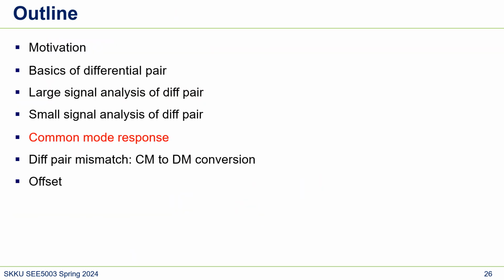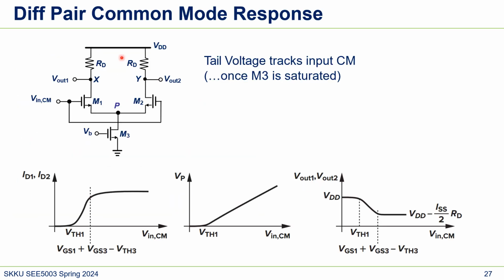Next, let's see the common mode response. For this differential common source amplifier, we need to set VinCM in a certain range. We cannot put VinCM at any voltage. Again, what was the advantage of this? This is basically ISS, right?